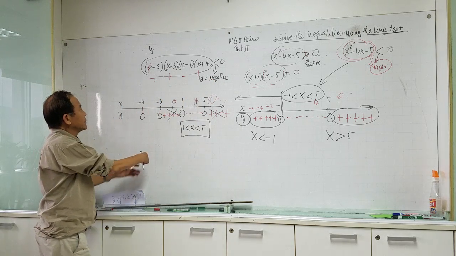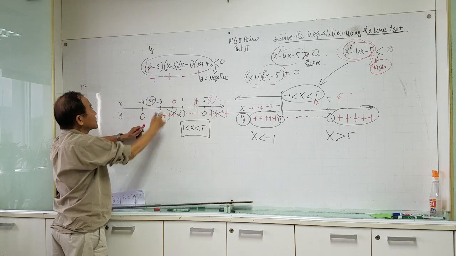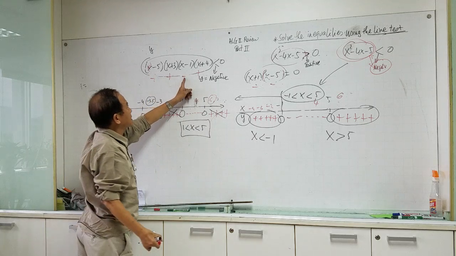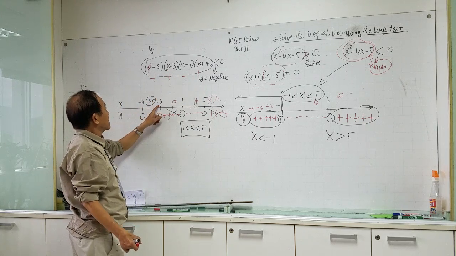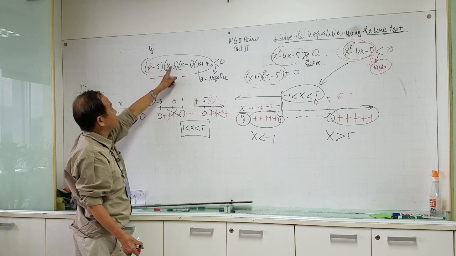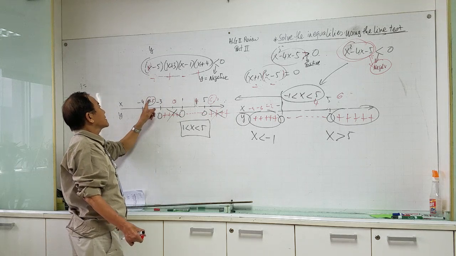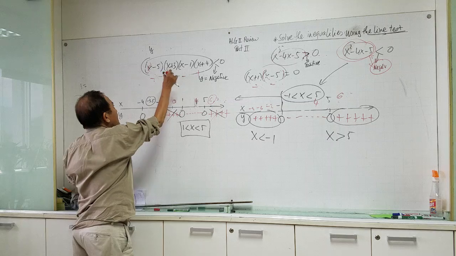Now the next one is between negative 3 and negative 4. So I put negative 3.5. If I put it right there, this one stays the same, this one stays the same, this one stays the same, but this one is the one that plays now. When you have a number bigger than negative 3, you add the 3 to get positive, but something less than negative 3, like negative 3.5, you add the 3, it will turn out to be negative.